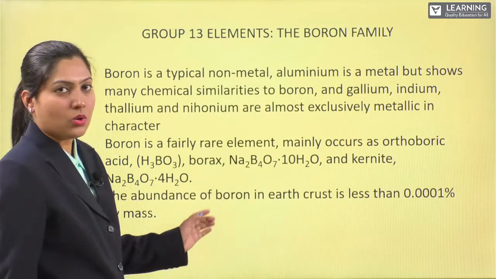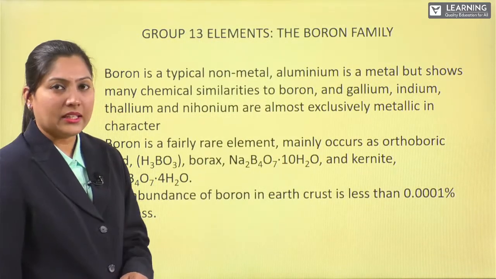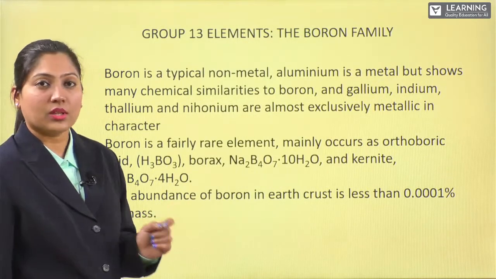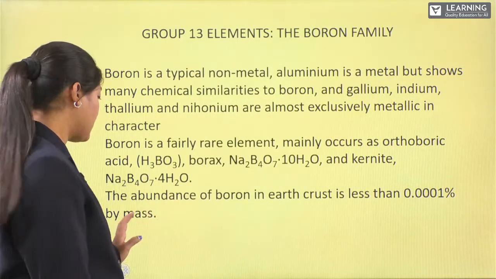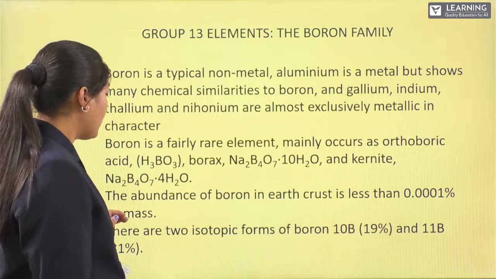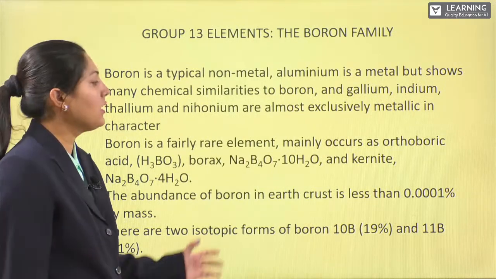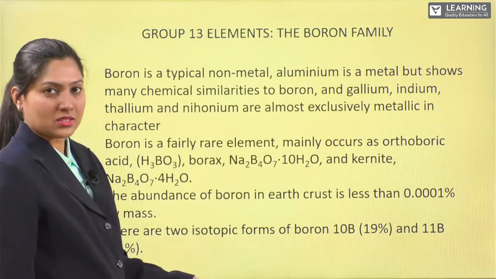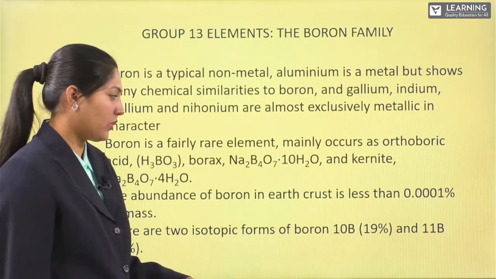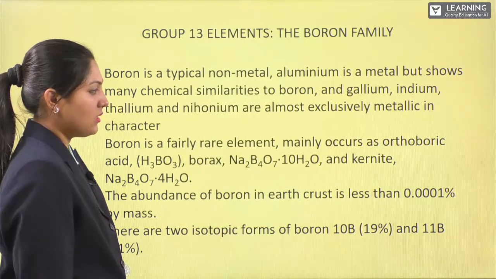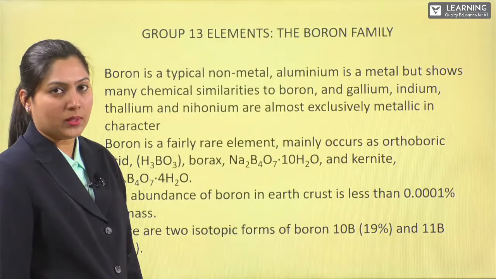The abundance of boron in the earth's crust is less than 0.0001% by mass. There are two isotopic forms of boron. We have 10B at 19% and 11B at 81%.